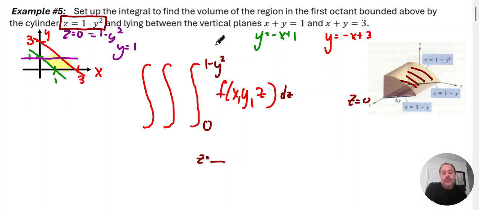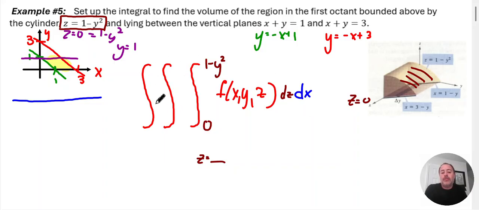So why did they suggest that we do x equals? When you're setting up the other two, you want to look at what we call the trace, the two-dimensional space of the variables that we still have to do. Since we have a y here, let's keep it going in terms of x, with the y values here.